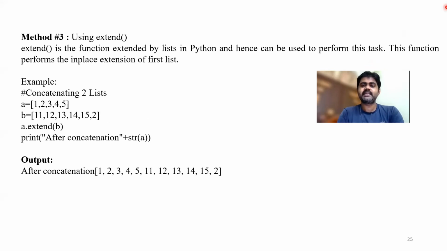Coming to method 3, using extend. Extend is a function of the list in Python, and hence can be used to perform this task. This function performs the in-place extension of the first list. So if we have a as one list and b equal to another list, a dot extend of b means that b will be appended, or extended, to the list a.